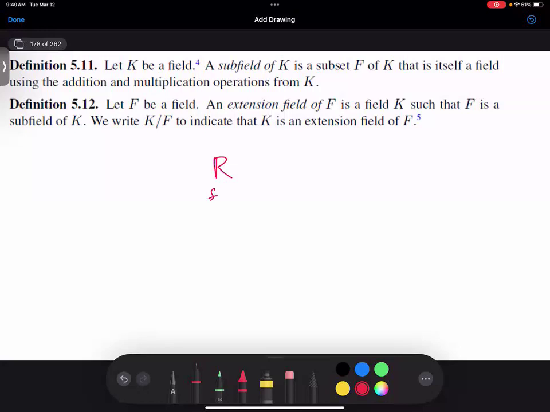Can somebody give me a subfield of R other than R? Q. So the rationals would be a subfield of R, and it's not equal to all of R. Can you give me an extension of R that's more than R?